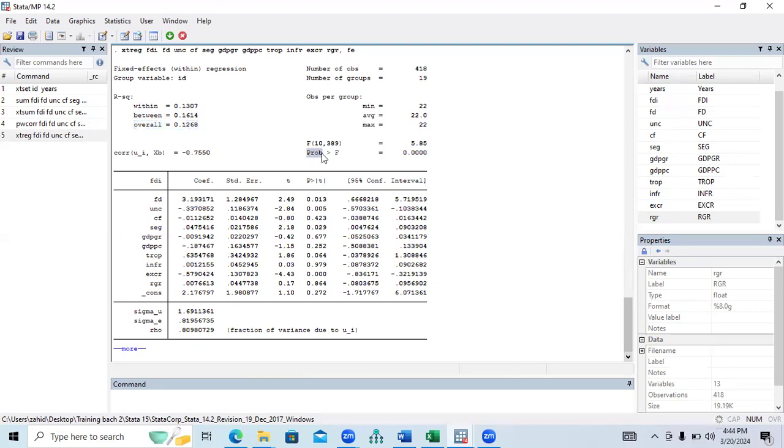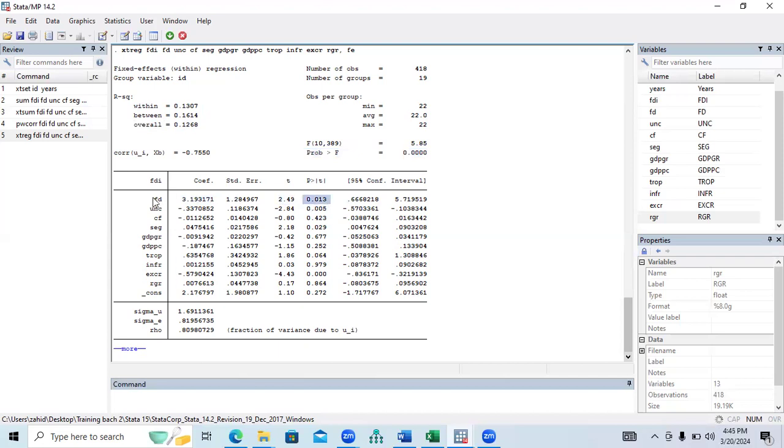The next thing that you need to see is the model fitness. If this value is less than 5%, it means your model is statistically fit. So here in our case, the R square is 13% and the model is statistically fit. The next thing that we need to see here is the coefficient values, your T values and P values.